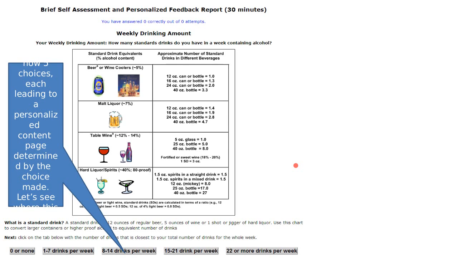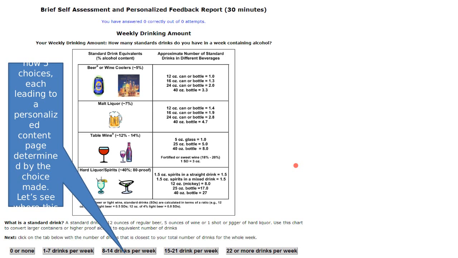this is a content page with 5 choices. We've arranged the choices horizontally, and what we've done is, instead of trying to be very specific about how many drinks exactly, which would take more programming and more time than I have, we've just given ranges, and we've been able to develop norms based upon national studies of where people fall.